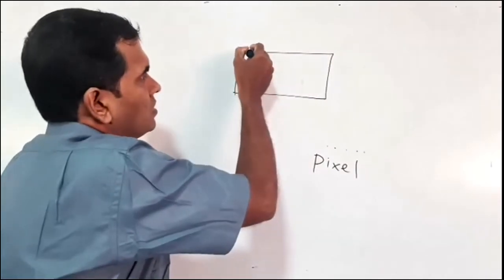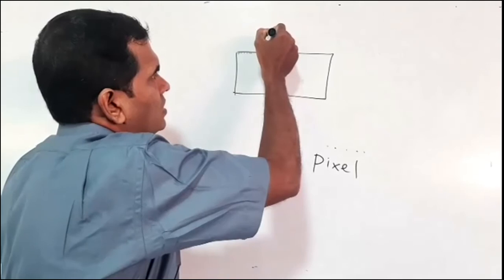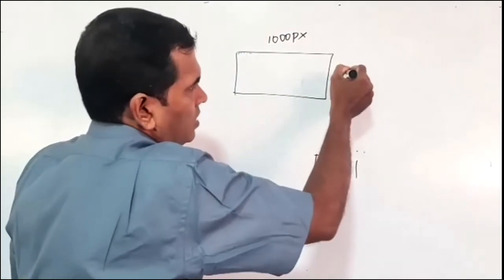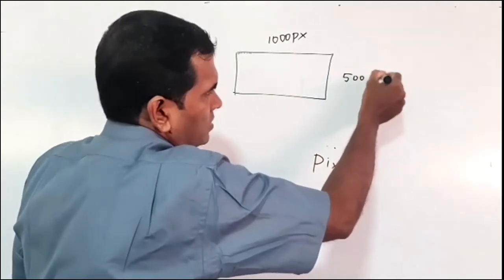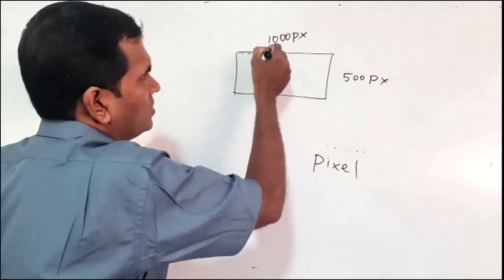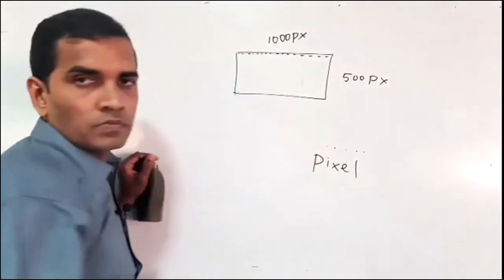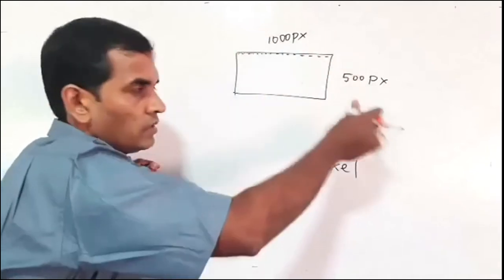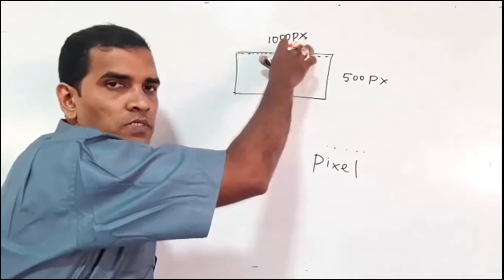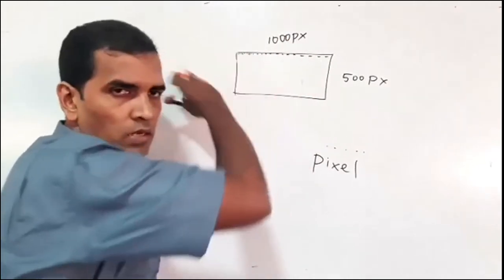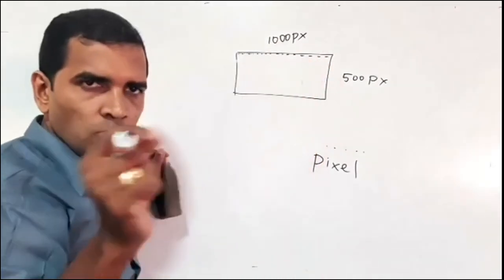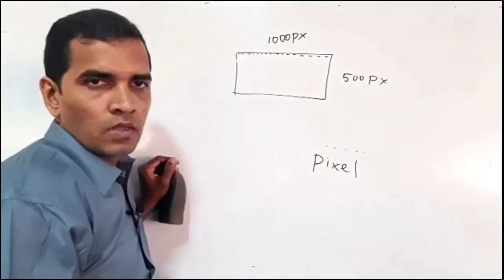So if I mention 1,000 pixel width and 500 pixel height, it means in one row there should be 1,000 pixels. 1,000 pixel width means in horizontal manner, you have 1,000 small dots in one row.